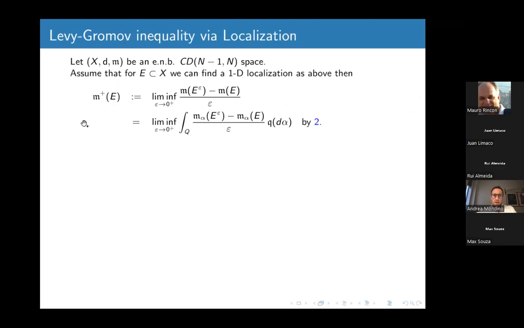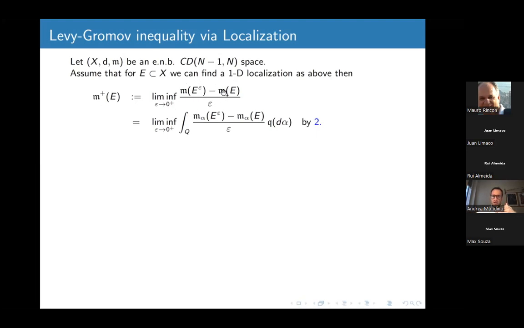So we want to find a lower bound on the boundary measure of E. One way of talking about the boundary measure of E is the Minkowski content, which is this right-hand side, which is the volume of the epsilon enlargement of E. So we take all the points at distance at most epsilon from E, minus the volume of E, divided by epsilon.